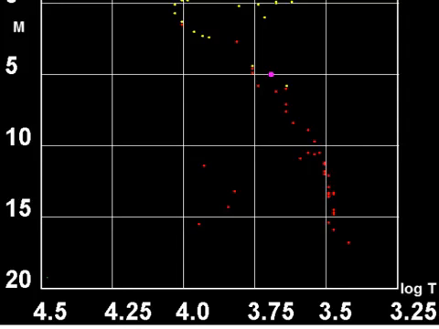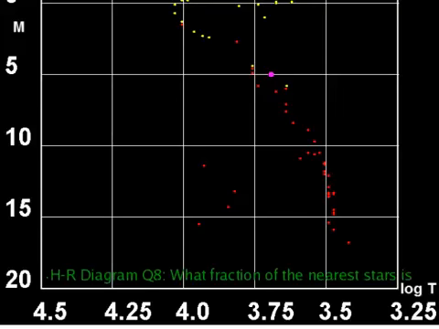What fraction of the nearest stars is O and B type? Okay, let me put in our log of 11,000 Kelvin number line again.